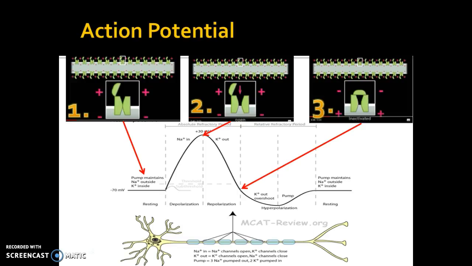So you've got Na plus, which is sodium ions, coming in and causing depolarization. Once this part of the nerve is depolarized, it will release the potassium ions, which will then repolarize that part of the nerve cell.